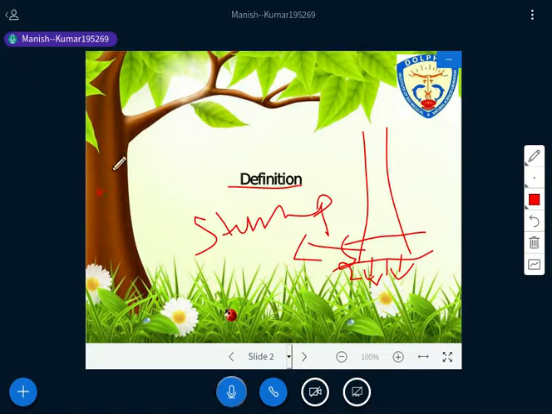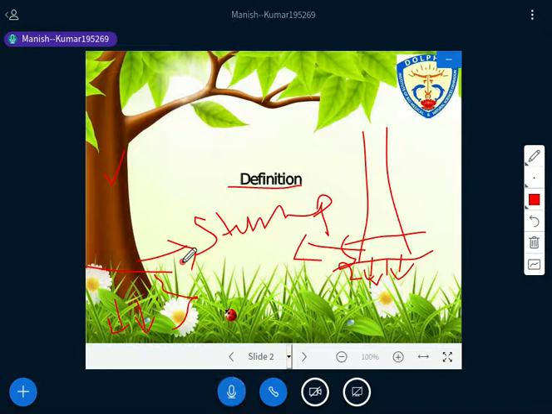For example, look at this image. You are felling the tree from some particular part, and this small portion, where the roots are still attached, is called a stump. We'll discuss how to analyze the cross section of this stump.